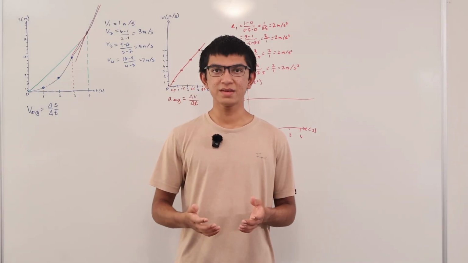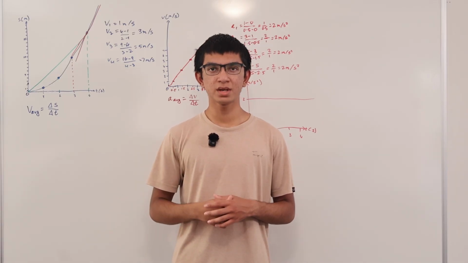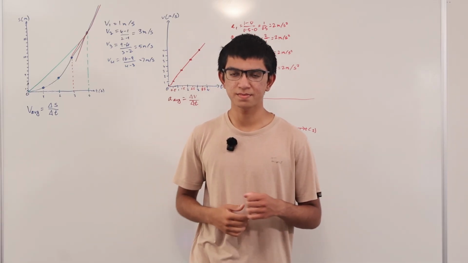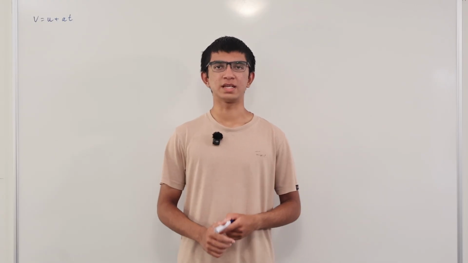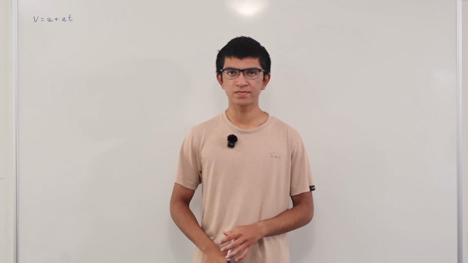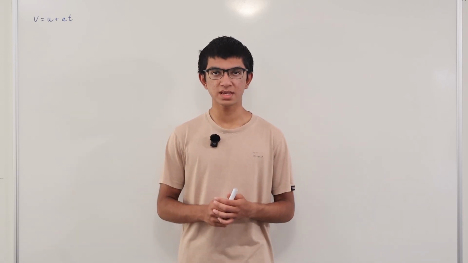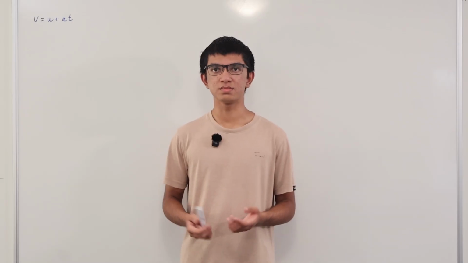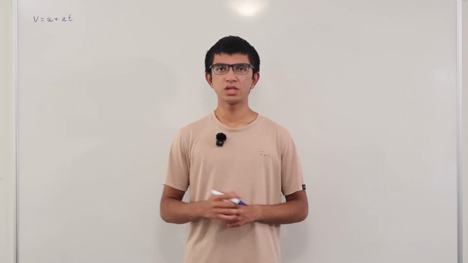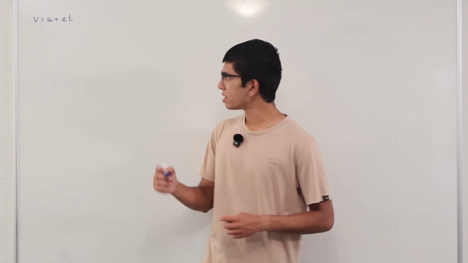Now this will be key for understanding how to derive the SUVAT equations without relying on calculus. The first SUVAT equation is v is equal to u plus at, or final velocity is equal to initial velocity plus acceleration multiplied by time. To derive this, let's first look at acceleration.